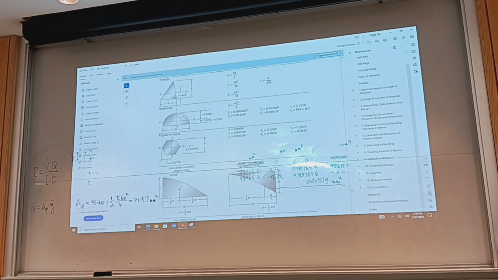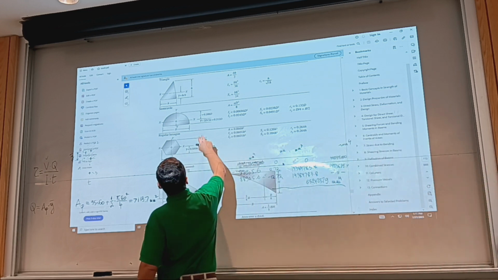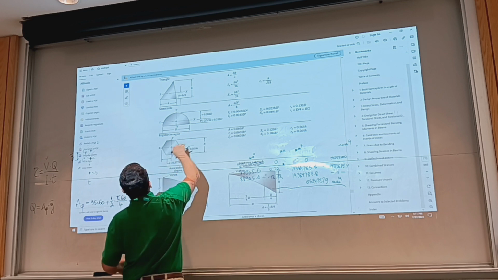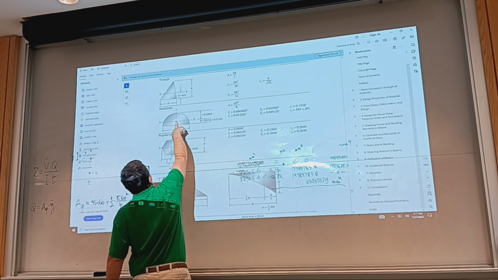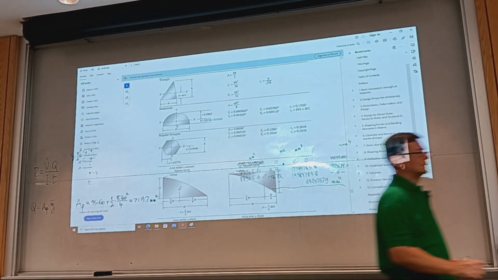Okay, can you see it? We're dealing with a half disc, and we're interested in the distance between the centroid of the entire figure and the centroid of the half disc. Let's see if I made a mistake. It might be.